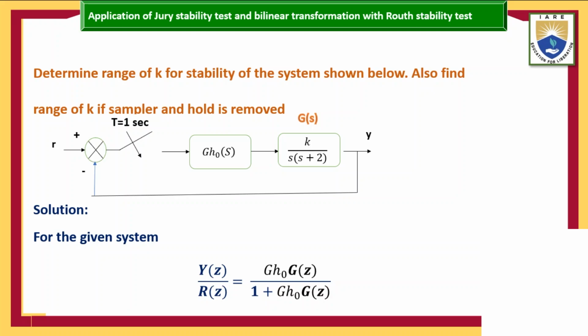Taking the transfer function as output by input, with initial conditions zero, Y of z by R of z equals the forward path G H0 of s and G of z. This function in the problem I am taking as G of s.